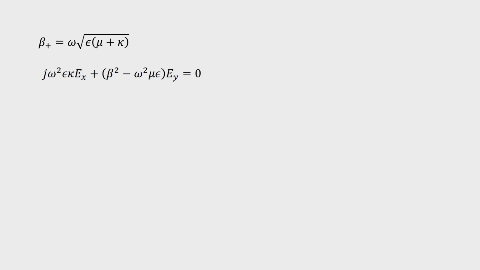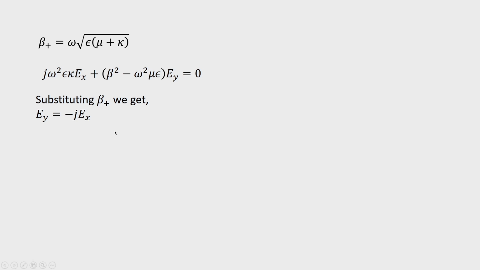Beta plus is given by omega root epsilon mu plus kappa, and when substituting beta plus in this equation, we get Ey is equal to minus j Ex.